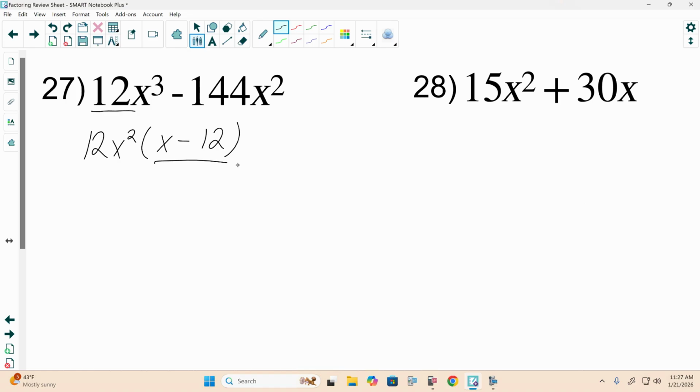So you're wondering how we got x squared here. When we look at this, we're looking for what's in common with these two. Both of them do have an x, yes? The most that I can pull out is going to be the least degree of the variables. Because x cubed, x squared, I can pull 1 out of both, yes?